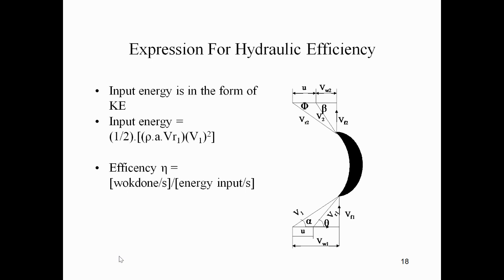Efficiency eta is equal to work done per second by energy input per second.